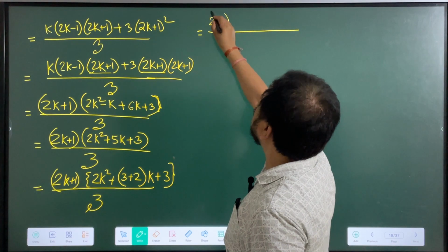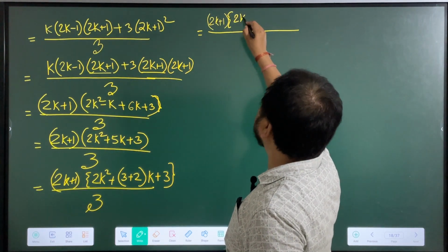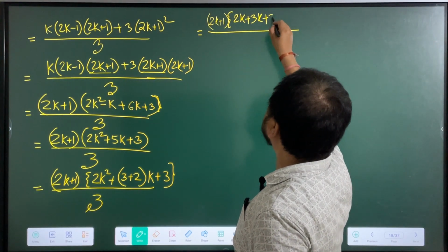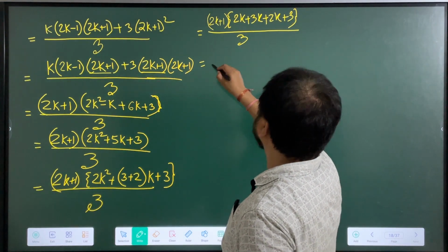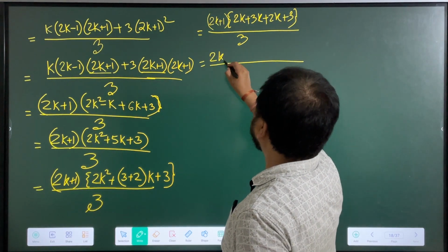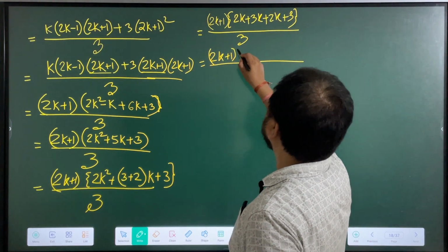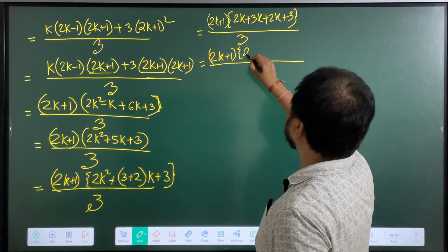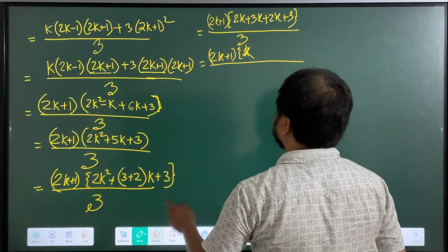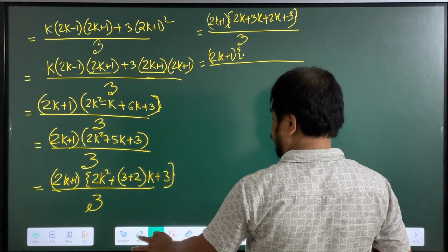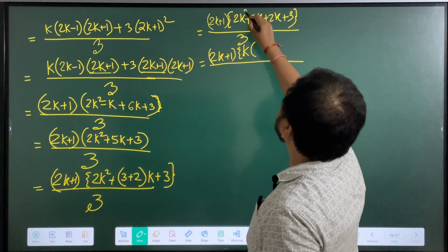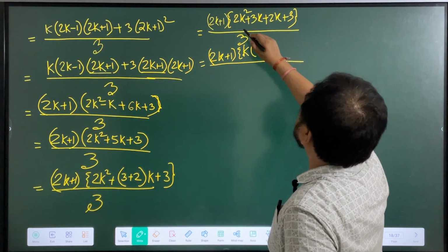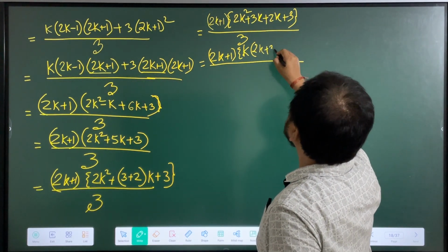2k plus 1, 2k plus 3 by 3. 2k plus 1. Here we can take common k, then 2k square. 2k plus 3.